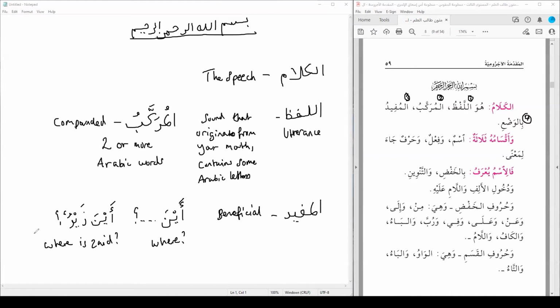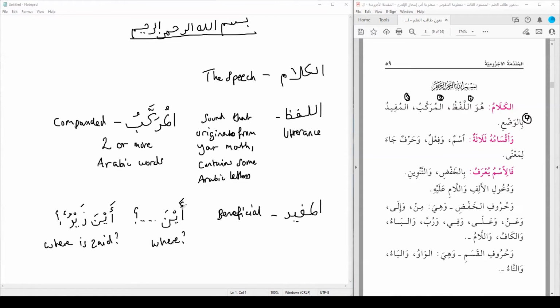Now it has become a lafz, an utterance from my mouth, murakkab, two or more words, and in this case, it's beneficial. You're not waiting for any more information. You understand what I said, and you can give me an appropriate response to this question. So you might say, for example, I don't know where Zayd is, or Zayd is in such and such a place.